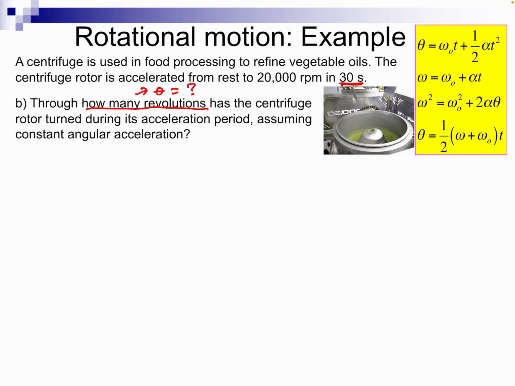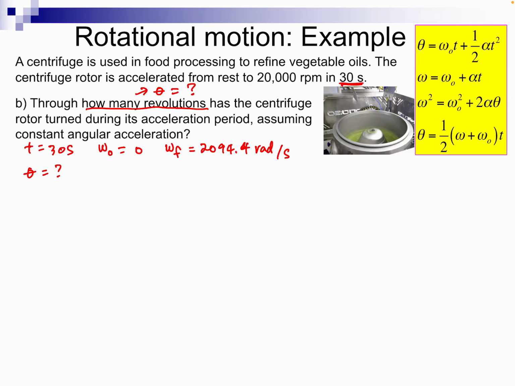So what you have is time, 30 seconds, initial angular velocity 0, final angular velocity you converted as 2094.4 radians per second. Okay, right, and you want to find theta.